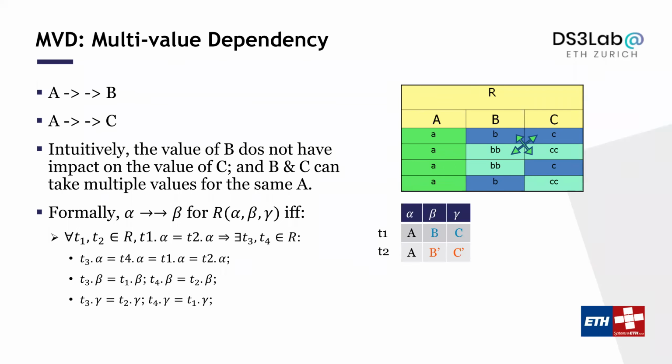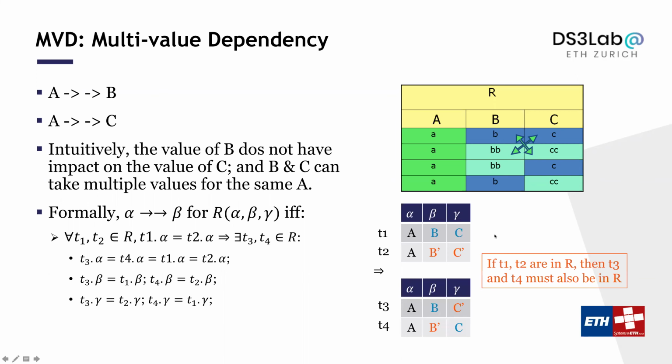Intuitively, what we are trying to say here is that if you give me two tuples, T1 and T2, that look like this: T1 has values A, B, C for alpha, beta, gamma, and T2 has values A, B prime, C prime for alpha, beta, gamma. As you can see, it's color coded. I can always find T3 and T4 that swap them.